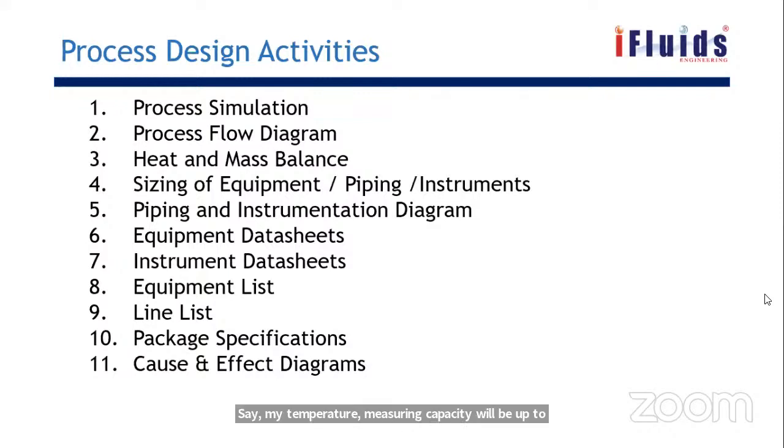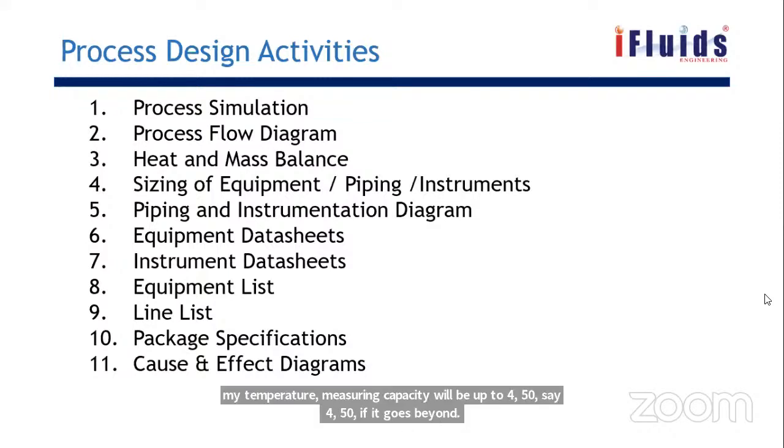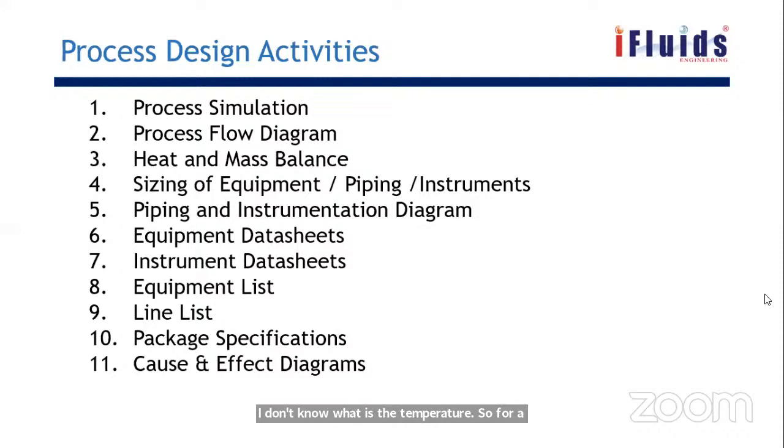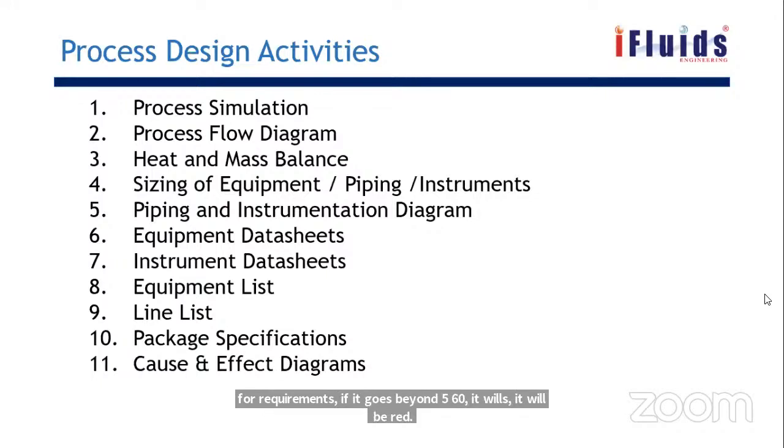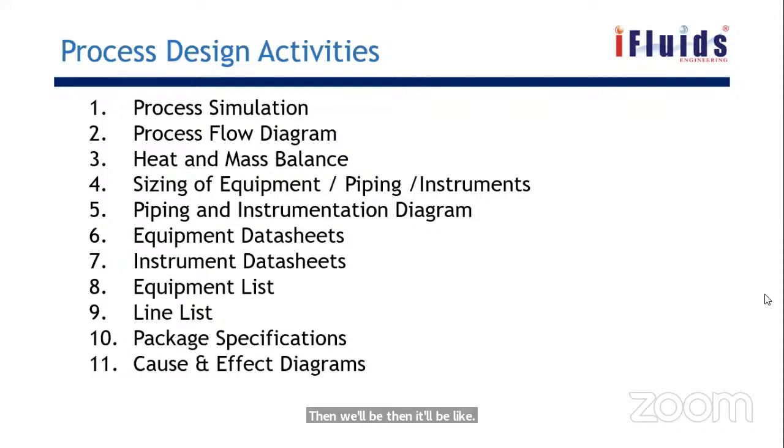If it goes beyond, I don't know what the temperature is. For carbon steel, if it goes beyond 560, it will be red hot, and then a bleed condition will happen. If the temperature exceeds beyond our control, I need to stop my heating source.